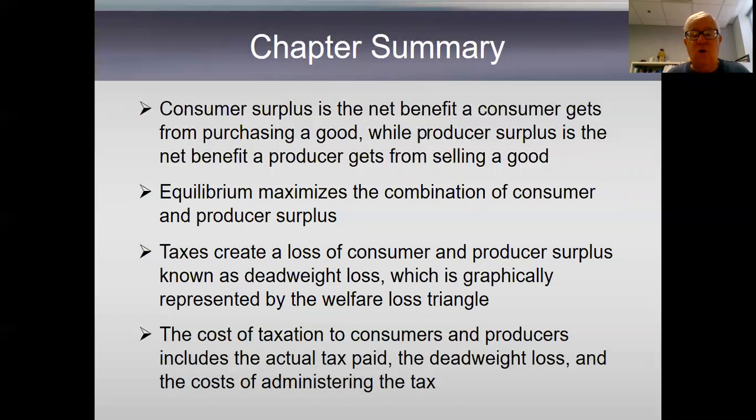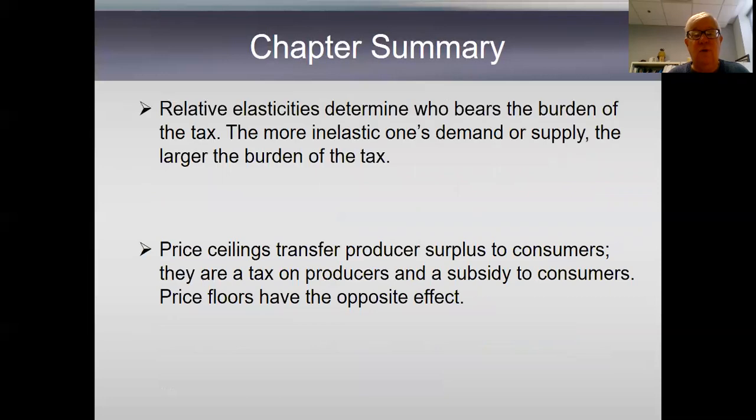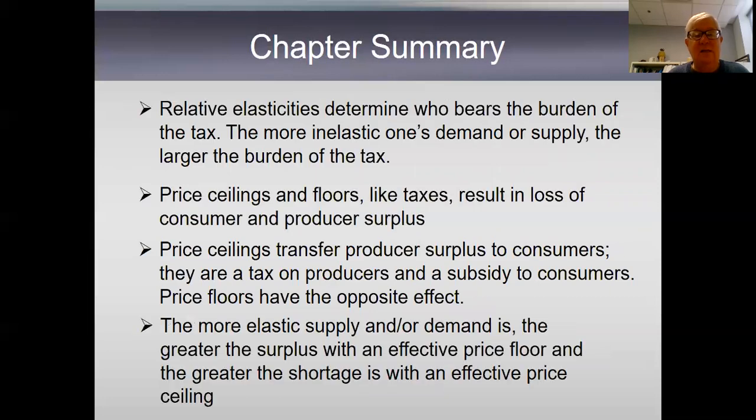And then we talk about the cost of taxation, the deadweight loss, and the cost of administering that tax. And here we talk about how the relative elasticities determine who bears the burden of the tax. The more inelastic one, demand or supply, the larger the burden of the tax. We also talked about price ceilings and floors and how they transfer producer and consumer surplus from one to the other.